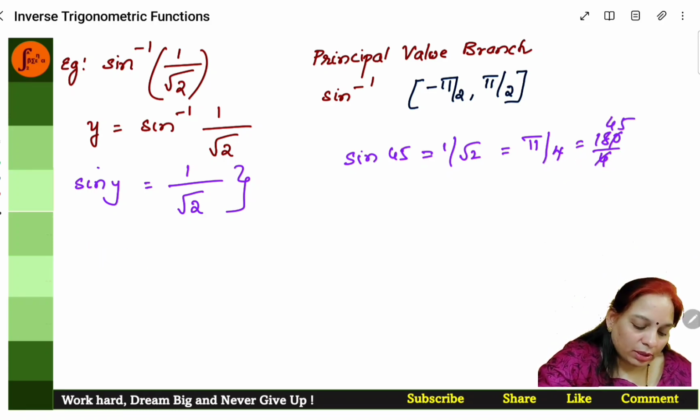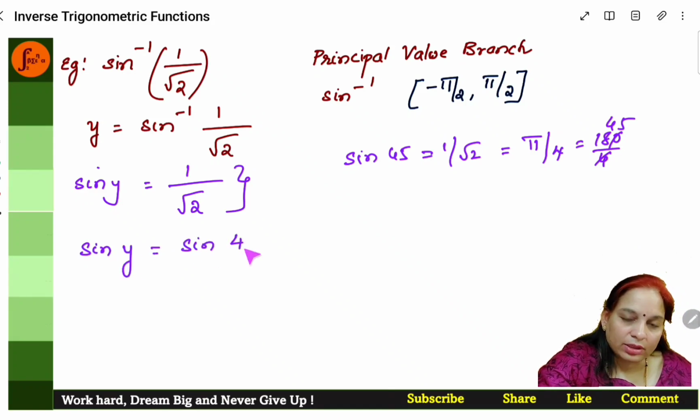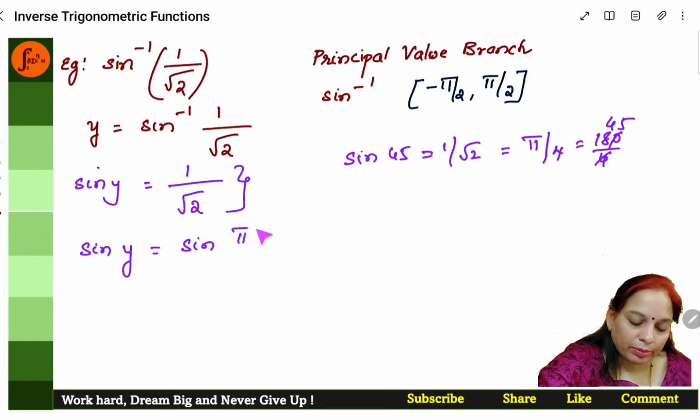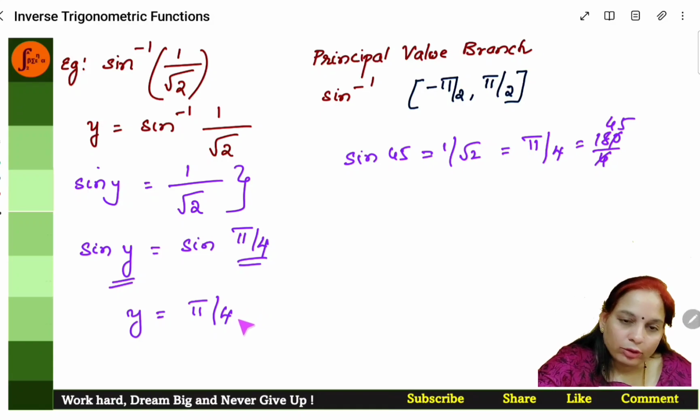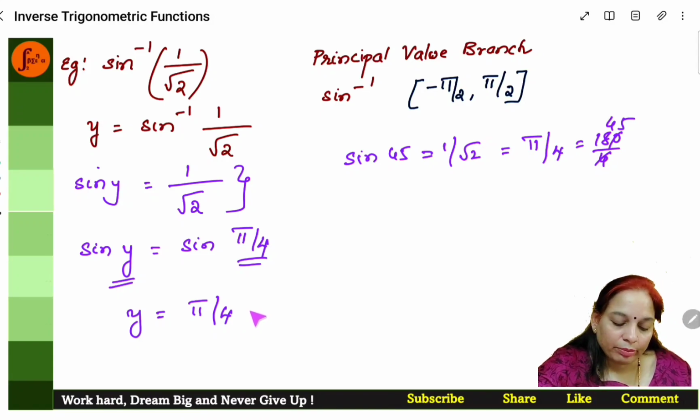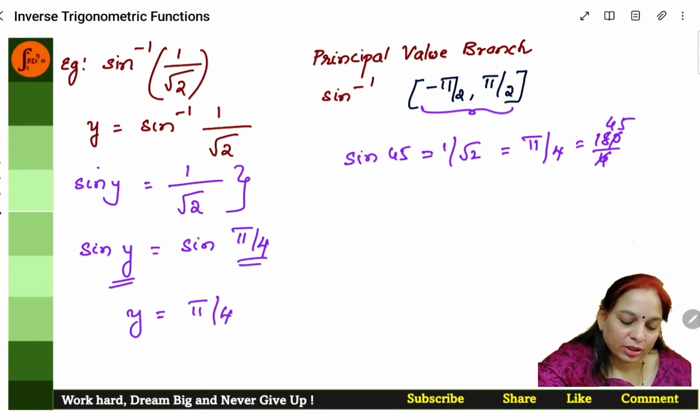So you can write it like this: sine y is equal to sine 45 degrees or sine pi by 4. Now what does this indicate? This indicates that y is equal to pi by 4. Now you will always have to check if this is within the range.